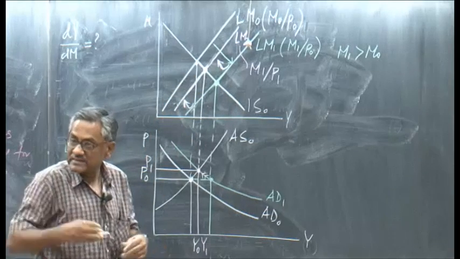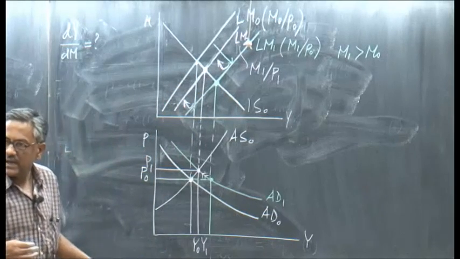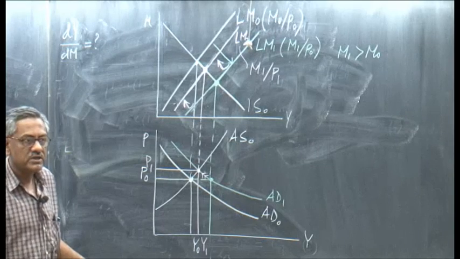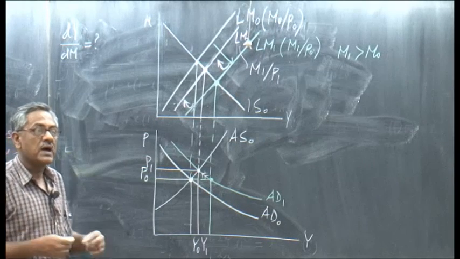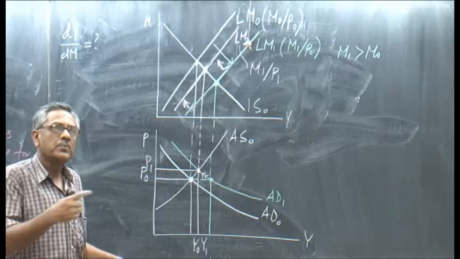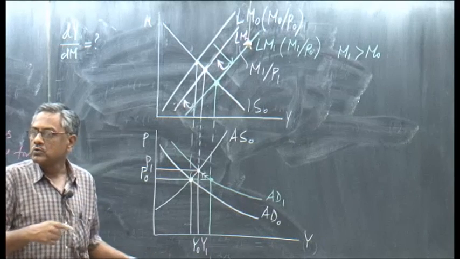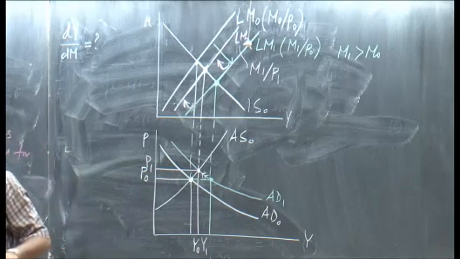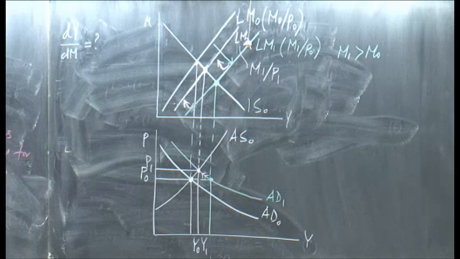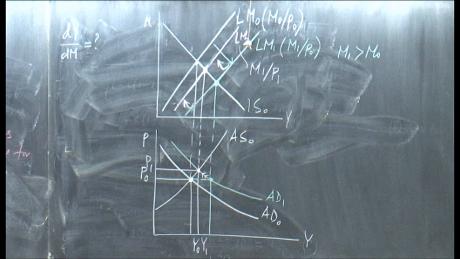So, if you work the algebra of dY/dM, the way I got dY/dG, you will see that this multiplier is weaker. It clearly says that, because prices would increase.